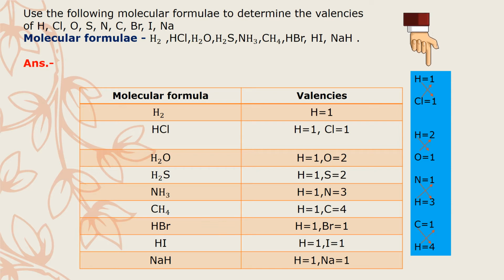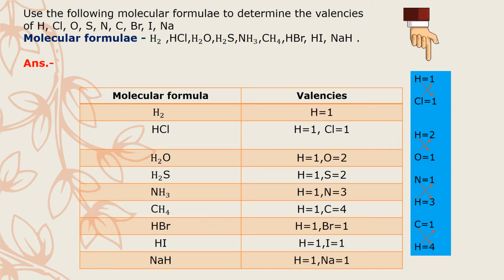Now next is H2O. In H2O, the number of hydrogen atoms is 2 and oxygen is 1. Therefore, after cross multiplying, we get the valency of hydrogen as 1 and that of oxygen as 2. Now next is H2S, that is hydrogen sulfide. The number of hydrogen in H2S is 2 and the number of sulfur atoms is only 1.